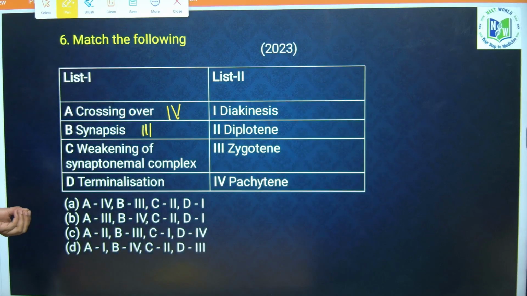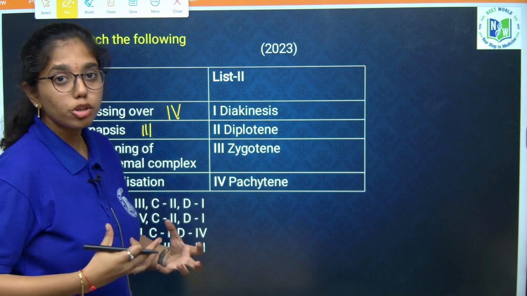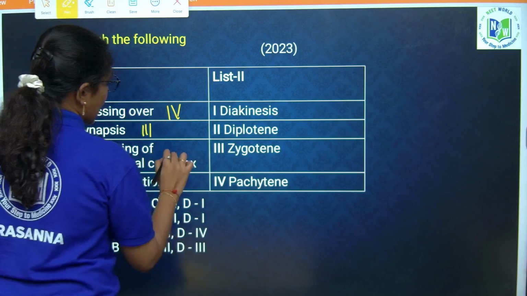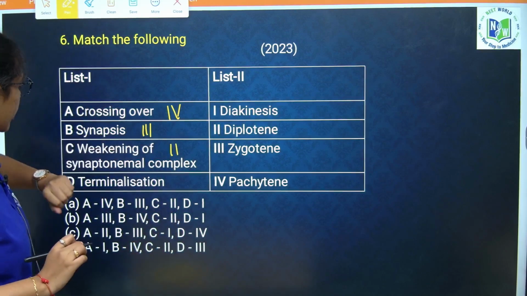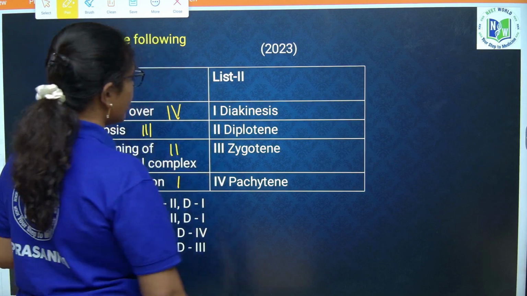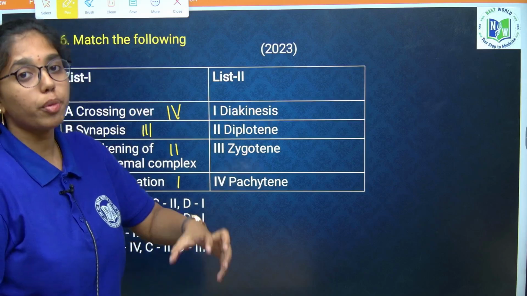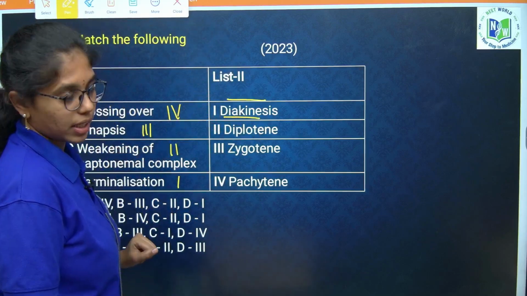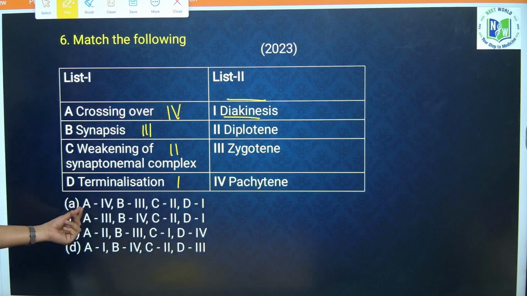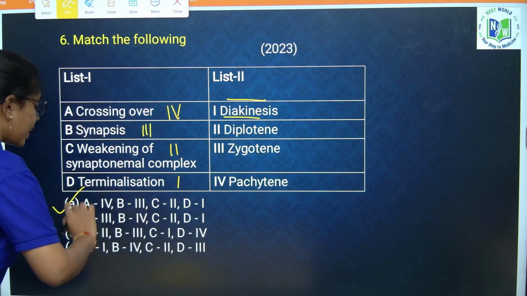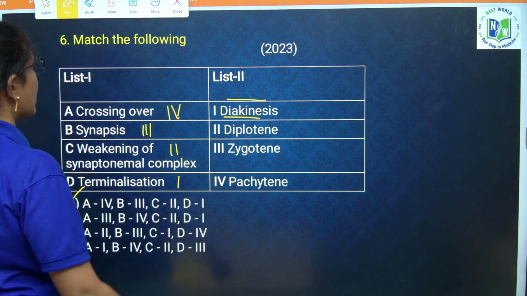Weakening or dissolution of the synaptonemal complex happens during diplotene. Terminalization of chiasmata is observed during the last phase of prophase 1 of meiosis, that is diakinesis. So A is 4, B is 3, C is 2 and D is 1. Option A is the correct answer.